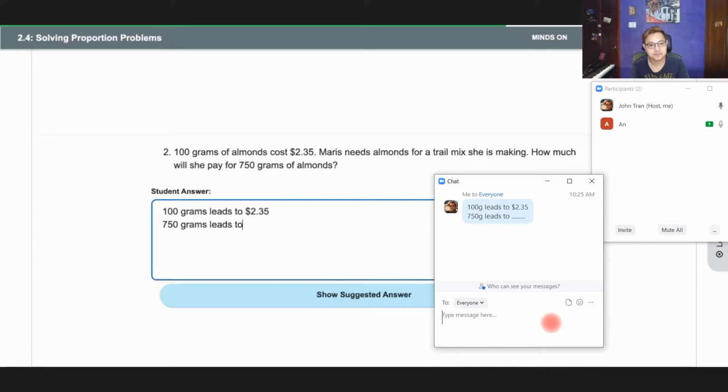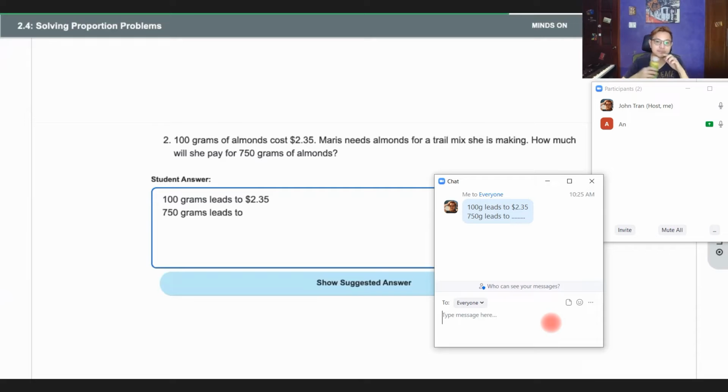So what's your strategy here? Tell me. So the strategy is to see the difference between a fraction? Yes, what can you say? So 750 grams, you just take out the 50 and there will be 700.